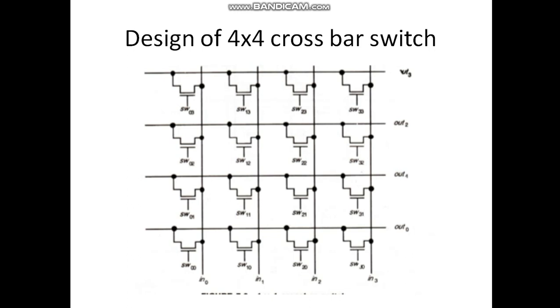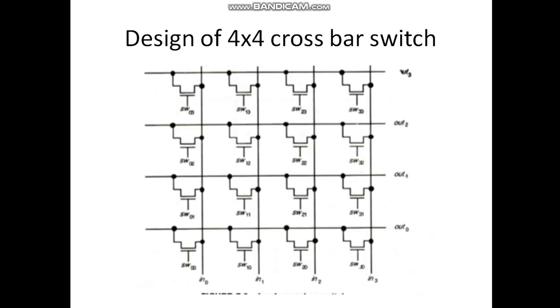To overcome the problem of this crossbar switch, we have a barrel shifter. So here, instead of controlling 4 switches simultaneously, only one control input or control switch is used.